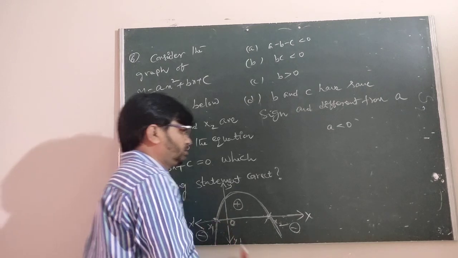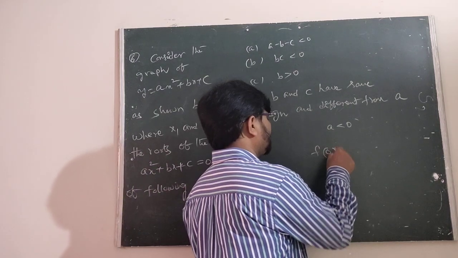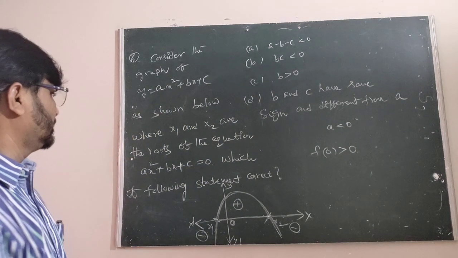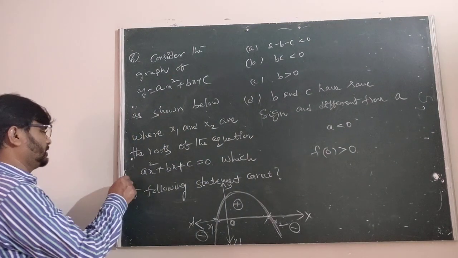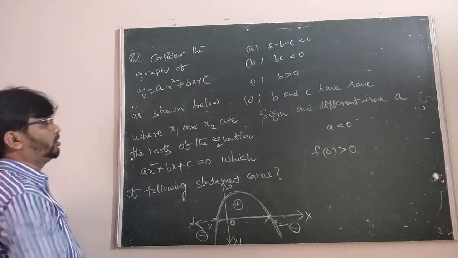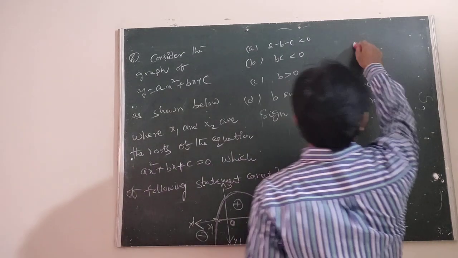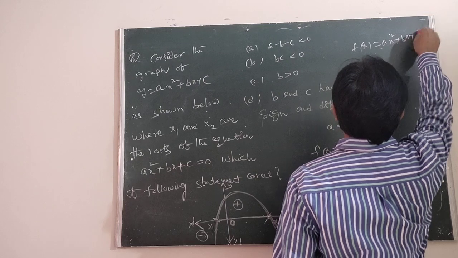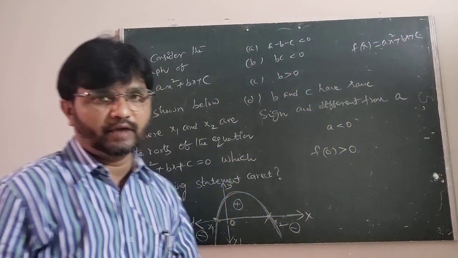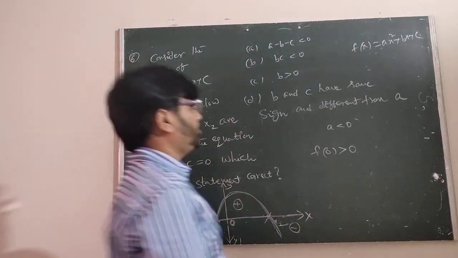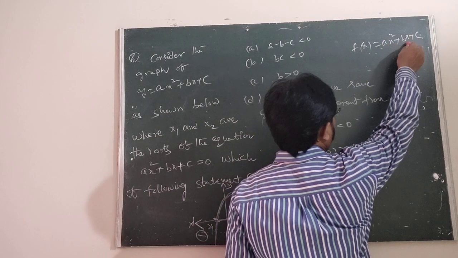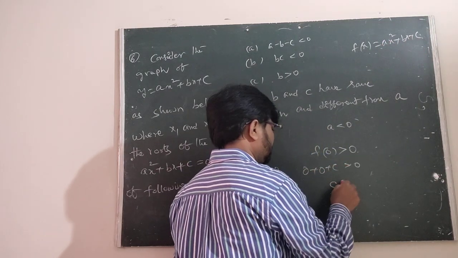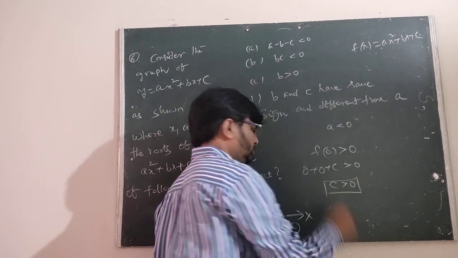Therefore f of 0 must be greater than 0, where f of x is the quadratic expression ax square plus bx plus c. Therefore f of 0 is 0 plus 0 plus c. Now this is c greater than 0.